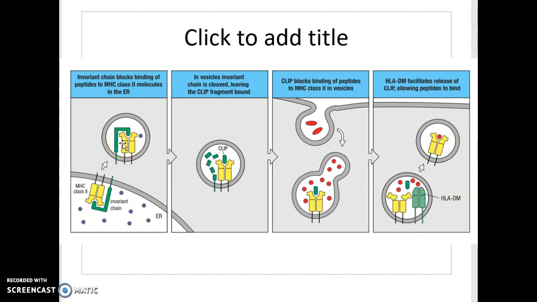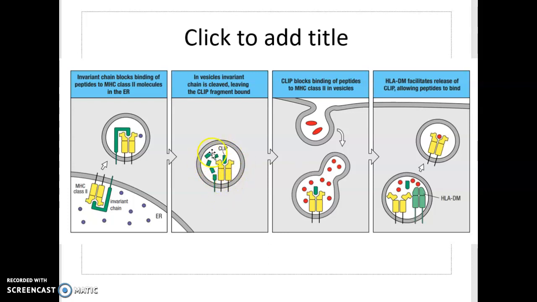Within here, it also contains things like cathepsin L and cathepsin S, as well as other proteases. What they do is they basically cleave the invariant chain. Not completely, there's a step missing here. We're just going to cleave it a little bit so that the invariant chain is still present.